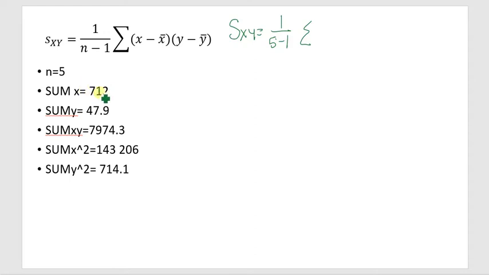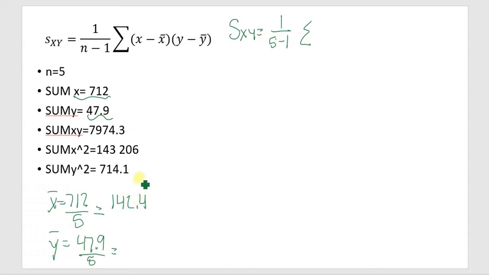The sum of the X's is 712, so 712 divided by 5 gives us X bar, 142.4. And the sum of the Y's is 47.9, and when we divide that by 5, we get Y bar, 9.58.